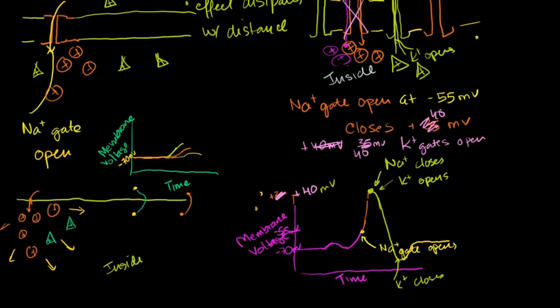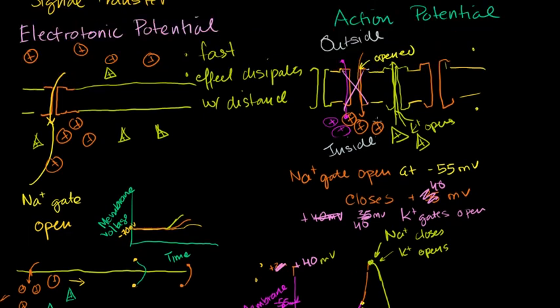So this is what's happening just at this point in the cell, near that first sodium gate. But what's going to happen in general, right? As this became very positive, we went to 40 millivolts in this area of the cell. Because of, I guess you could almost view it as a very short distance electrotonic potential, this area is going to become more positive.